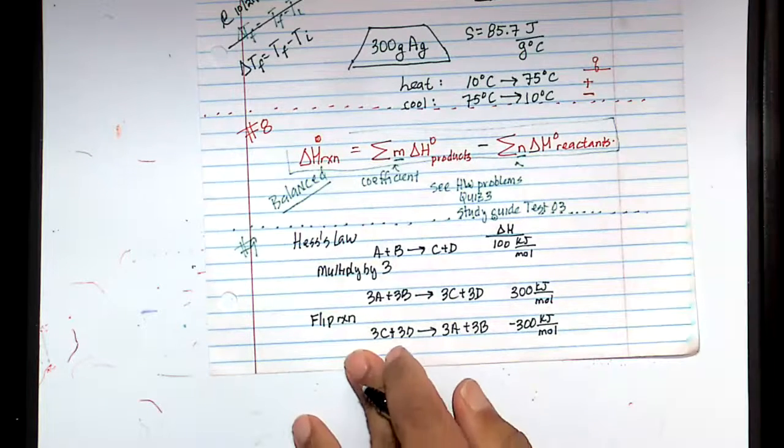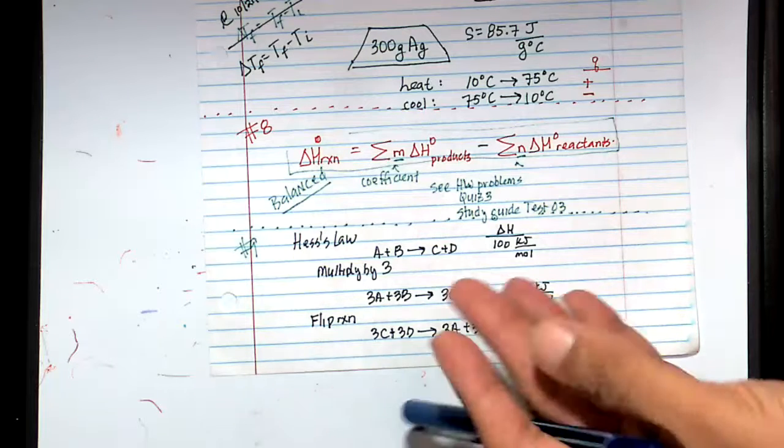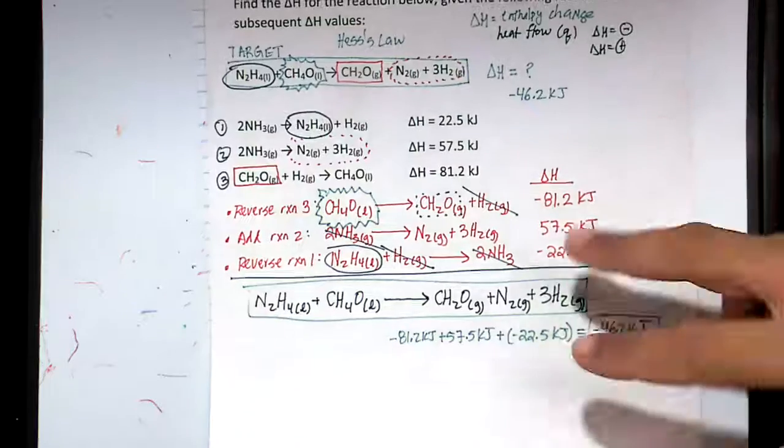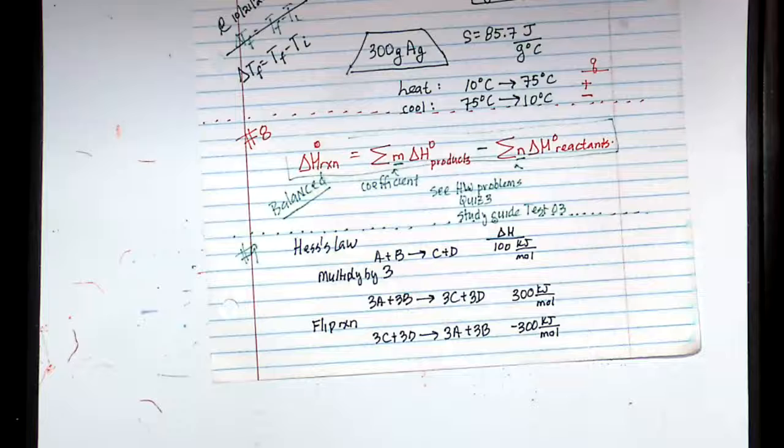Okay. So those are the only two things that you do with Hess's law. You can multiply it out, you can even multiply it by a fraction, and you can flip it, right? And remember the problem we did at the beginning of the class, we flip it. Flip the sign. Multiply delta H by that number. Okay. It can also be a fraction.